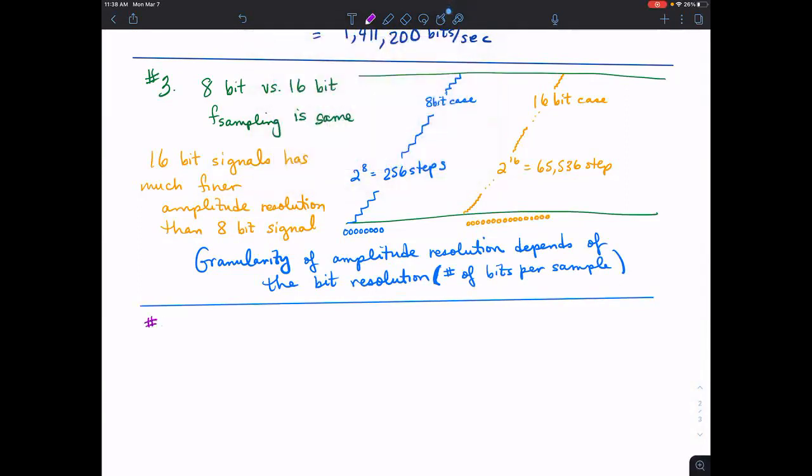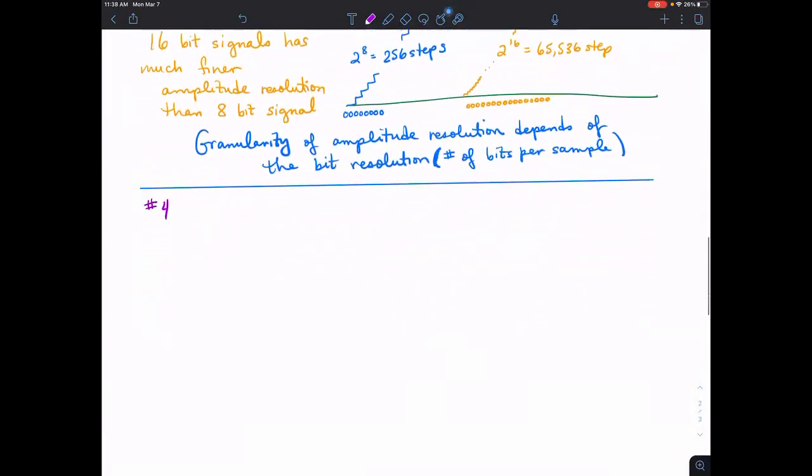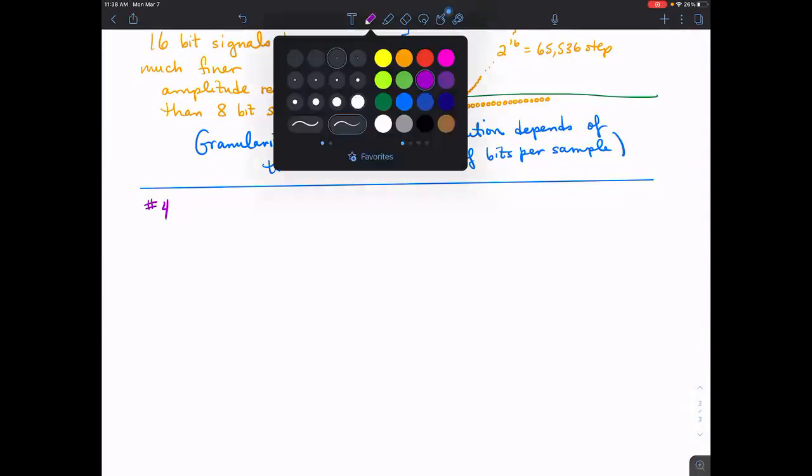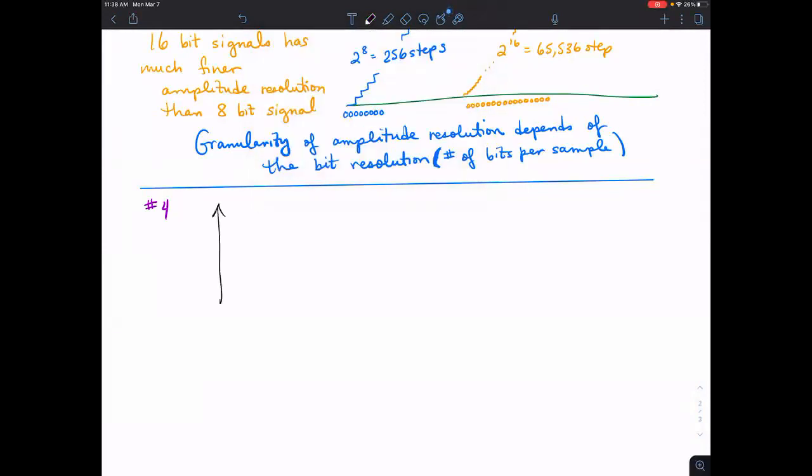So number 4 says, what will increase if the higher sampling rate is chosen? Okay, so remember in what we did before, we have our wave.